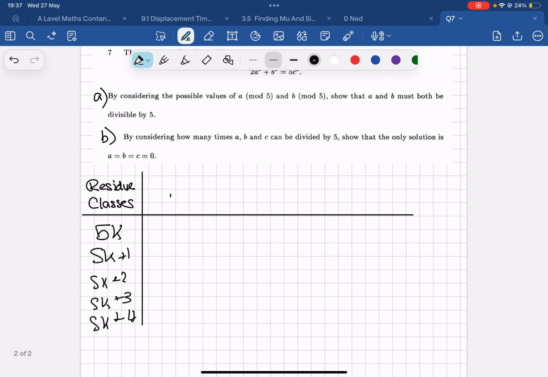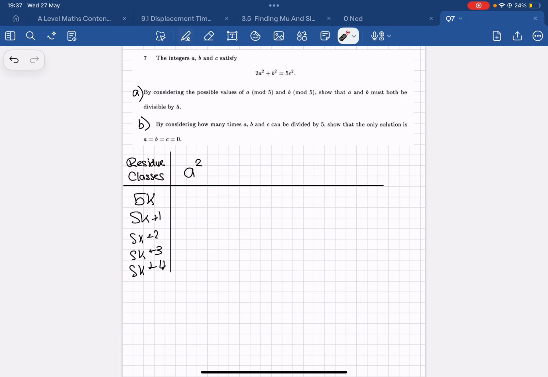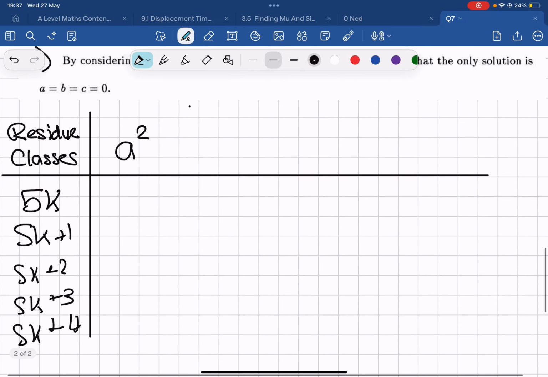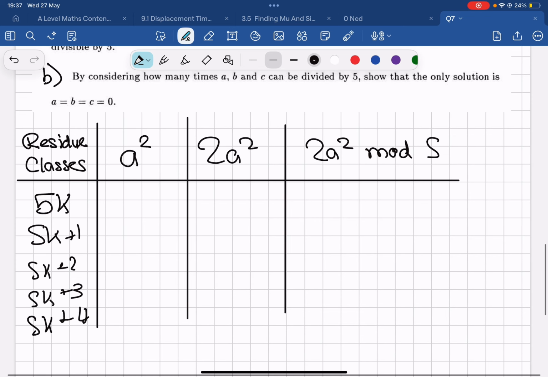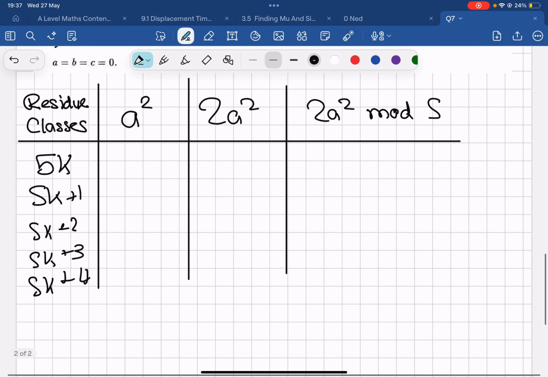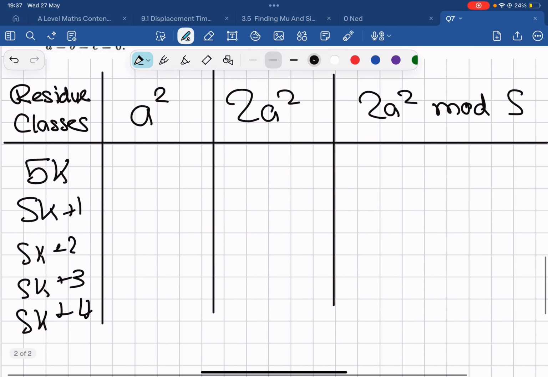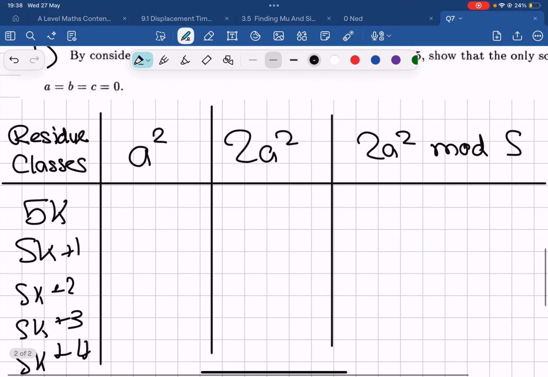And then, what do we need to write? Well, a squared. Just need to point out that these are all potential values for a. So a squared, 2a squared, and then we can write 2a squared mod 5, because that's what we're working in. Should we apply the mod earlier?